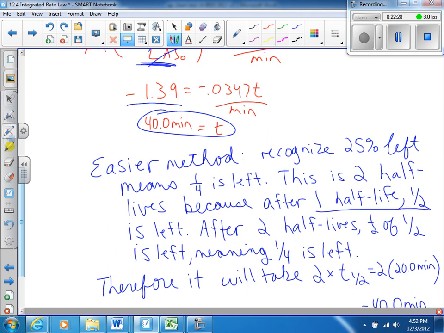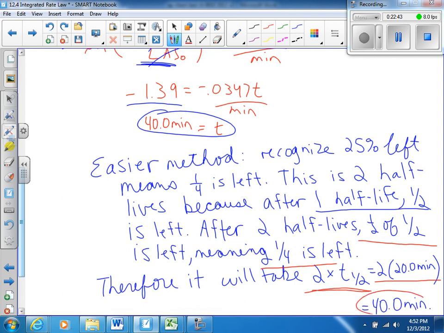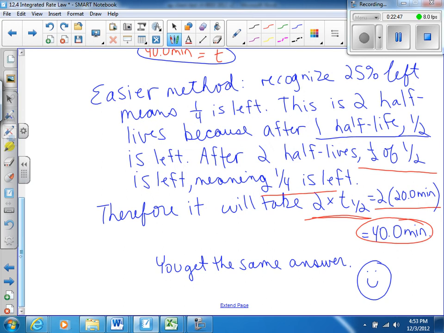The second half-life, you're at 1/2 of 1/2, which is 1/4 left, which is 25%. So the time you need would just be 2 half-lives, 2 times 20 minutes, 40 minutes. Notice we got the same exact answer, 40 minutes.